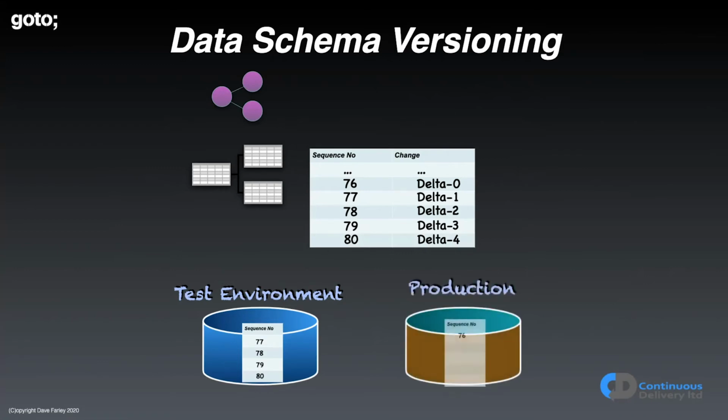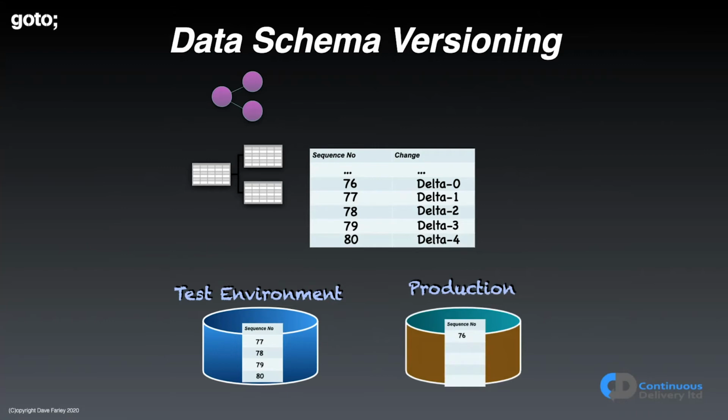If we have a production version, maybe that's a little bit further behind. Maybe we're not deploying as regularly as we are to a test environment. And so come deployment time, our deployment tools will say, production system is at version 76.